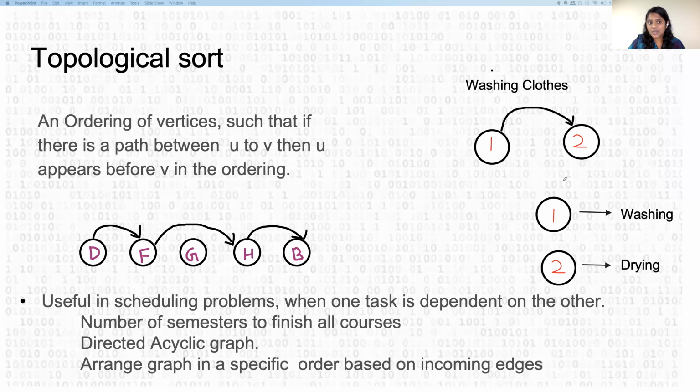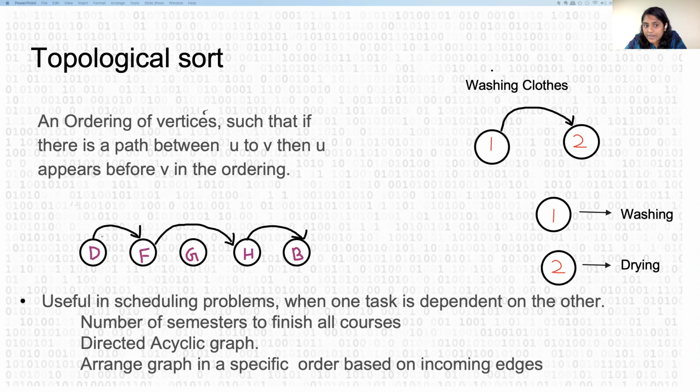So it happens in a sequence, and this is typically used for scheduling problems, where one task is dependent on another task. These are problems like how many semesters it would take to finish all the courses in a particular curriculum. For all those types of problems, we use topological sorting.